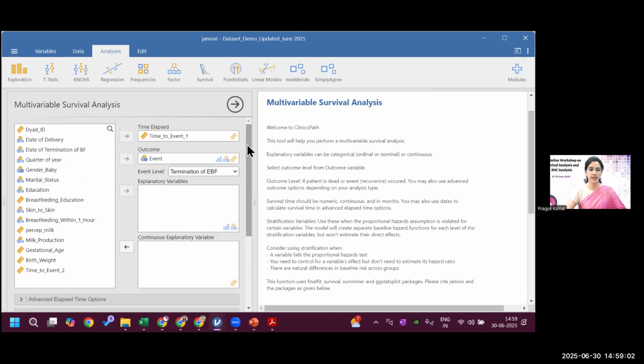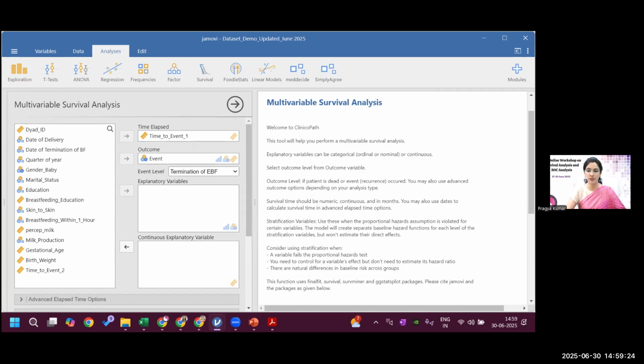Now again I have to check for two assumptions, that is multicollinearity and proportional hazard. So how will I check for that? For proportional hazard, you can enter all the variables together and see. But for multicollinearity, you cannot check it from this.